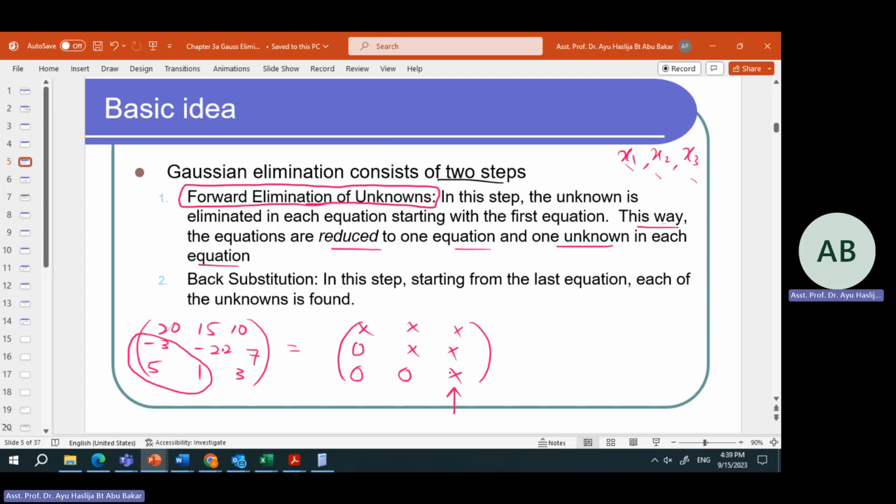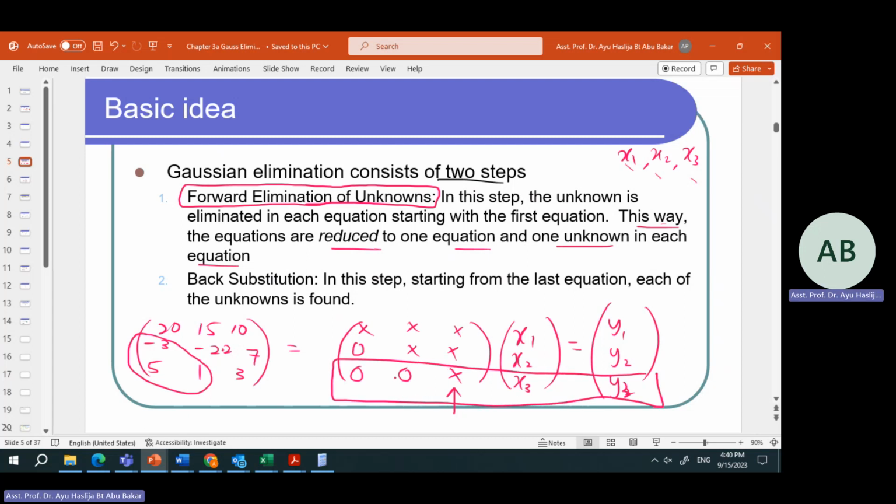Here, you will only have one value, referring to x3. For the third equation, since the rest has been zeroed, here you have a number and here also a number.